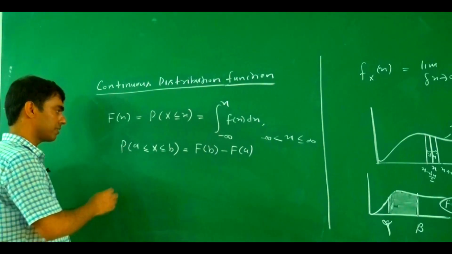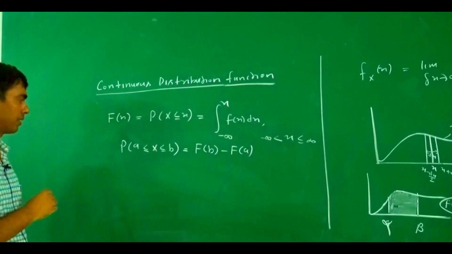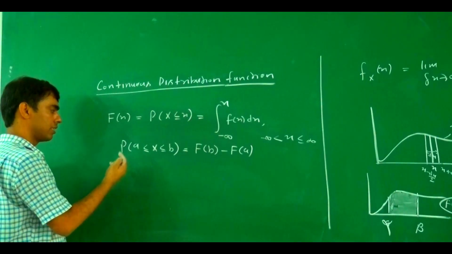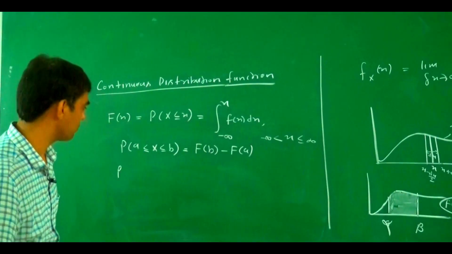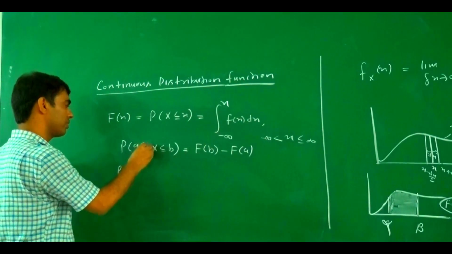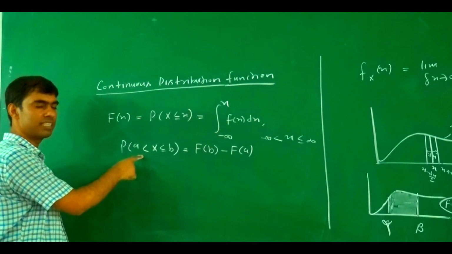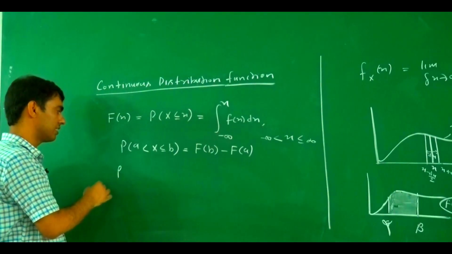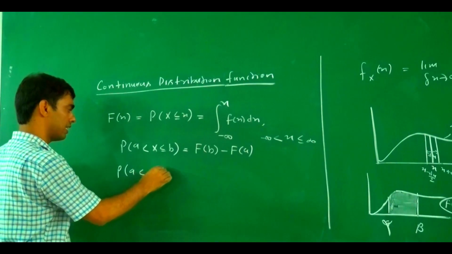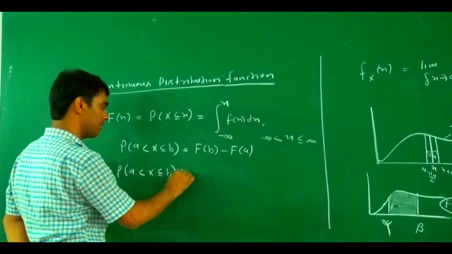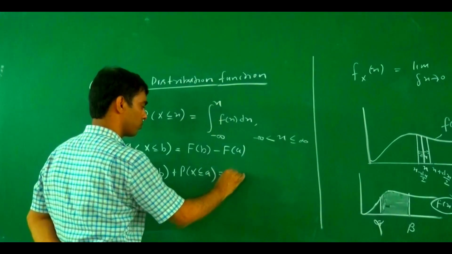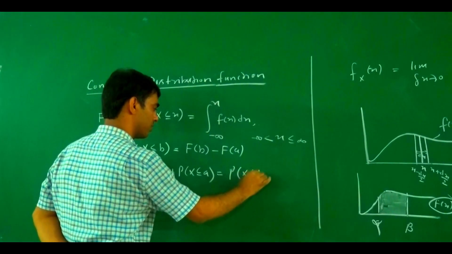So how do we prove this? Whether you write less or equal or greater or equal, if we write a as greater or equal, it becomes easier to prove. The probability that X is greater than a and less than or equal to b, plus the probability that X is less than or equal to a, equals the probability that X is less than or equal to b.